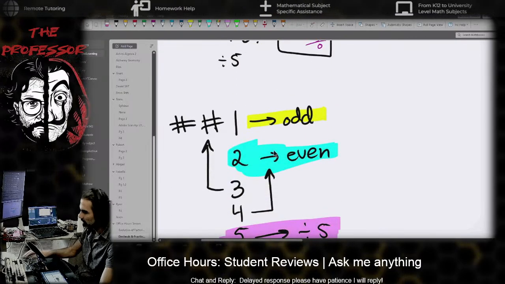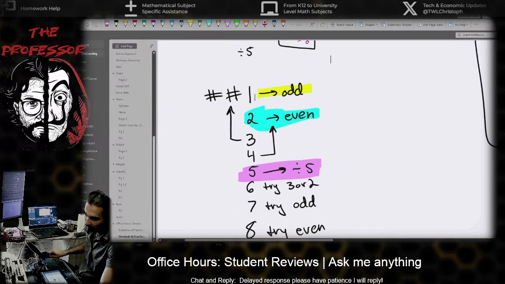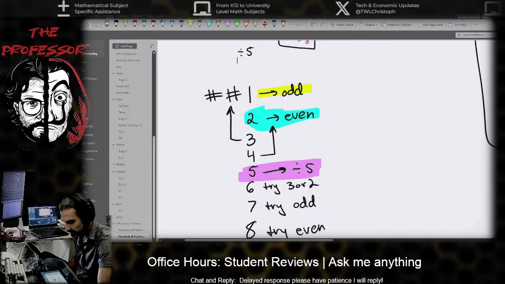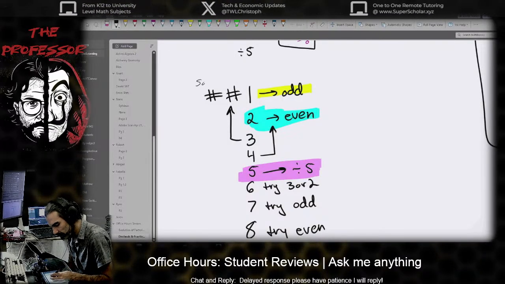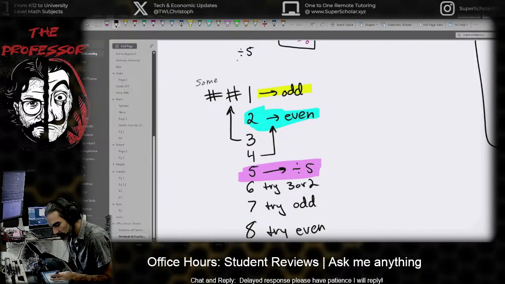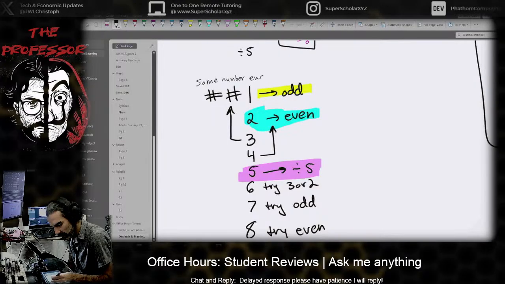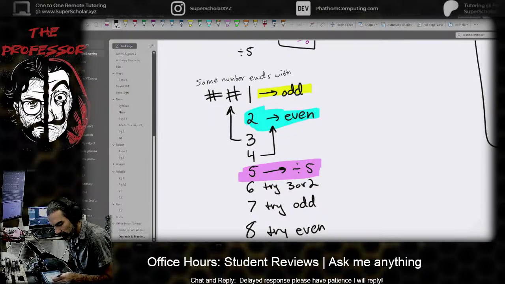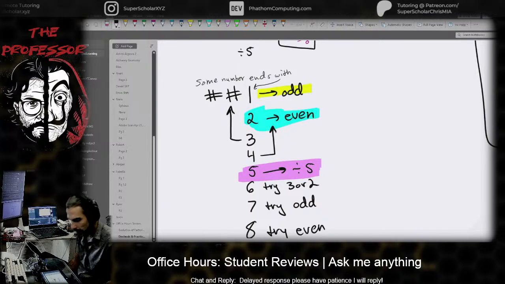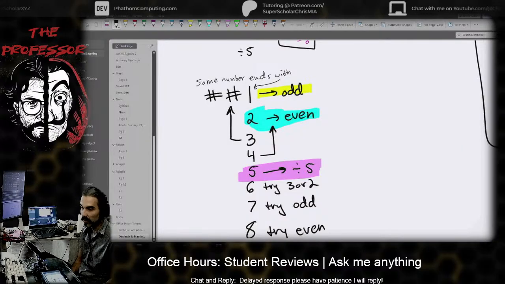So the normal approach you're going to do, if any number, let's call it some number, ends with 1, then you can try out odds normally.